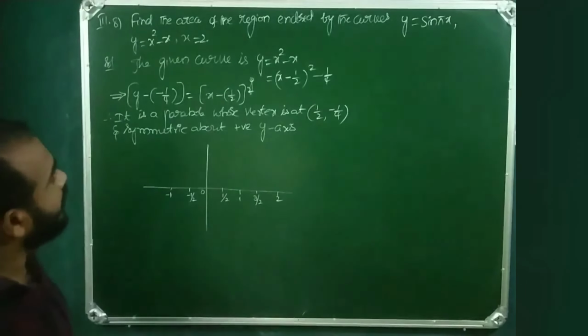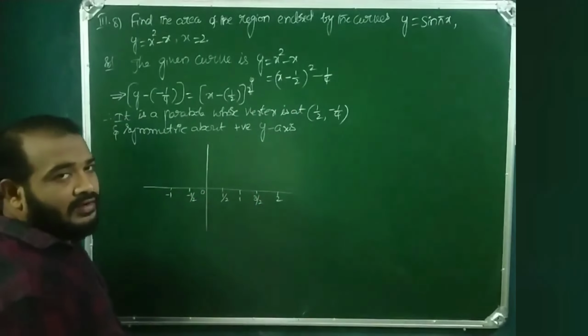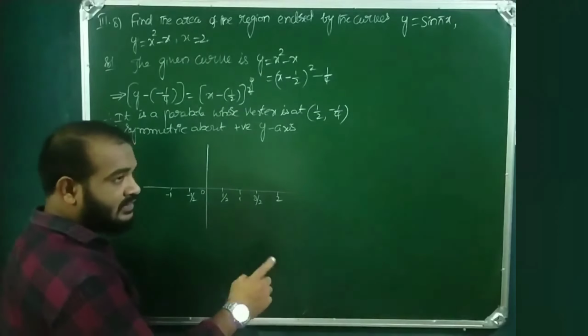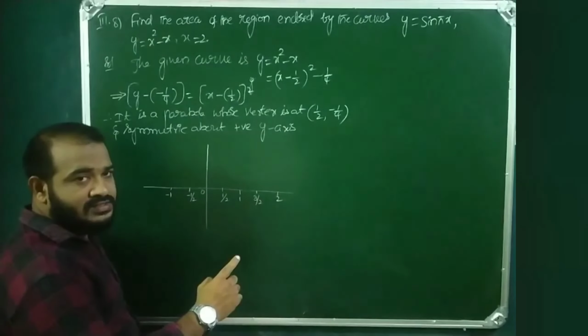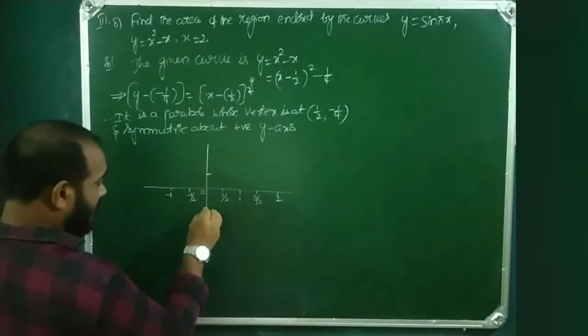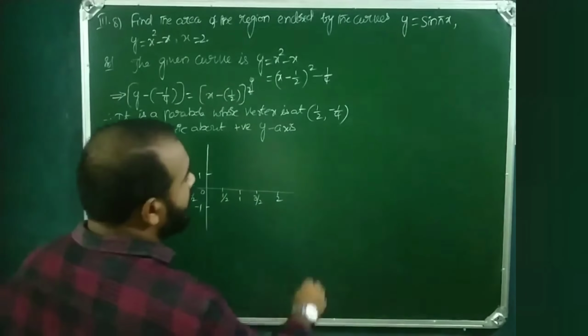Now quickly substitute. y is equals to sine pi into minus 1, sine minus pi, minus sine pi. Minus sine 180 is sine 90 plus 90, minus cos 90, so minus 1. So this is plus 1, this is minus 1.